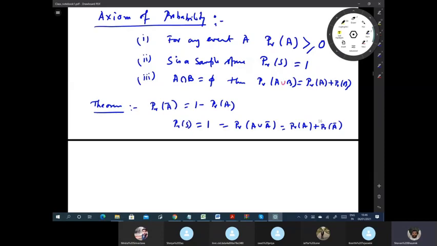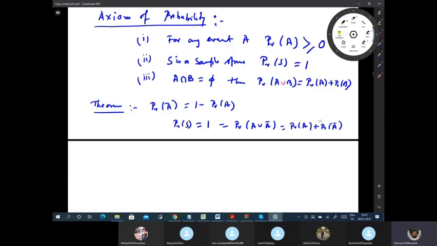There is another approach, the experimental approach, which people generally don't discuss. Suppose you want to calculate the probability of getting head if you toss an unbiased coin. We can think that if we toss an unbiased coin, we can get head or tail. So our sample space consists of 2 elements, and getting head, as it is equally probable, will be 1 by 2.